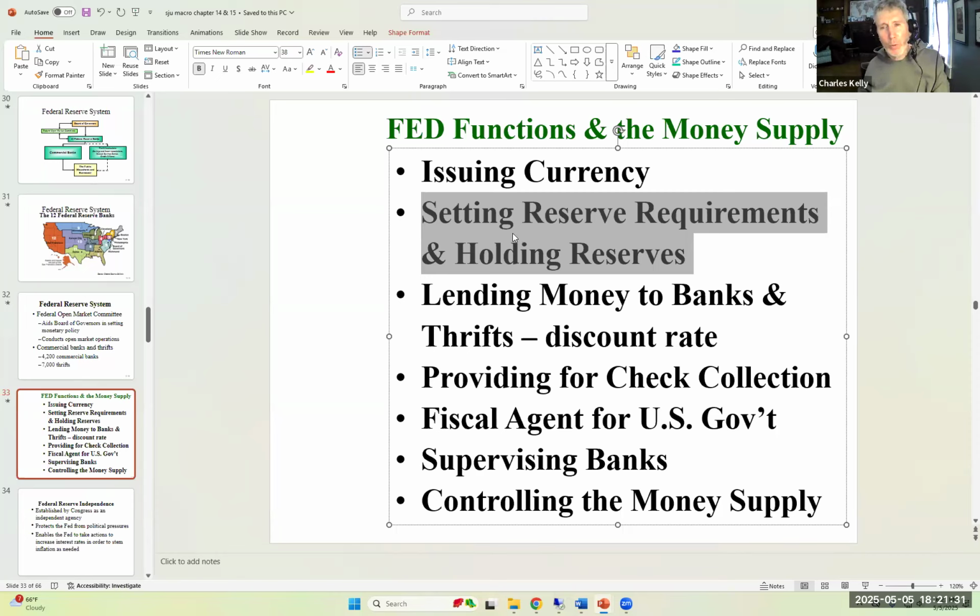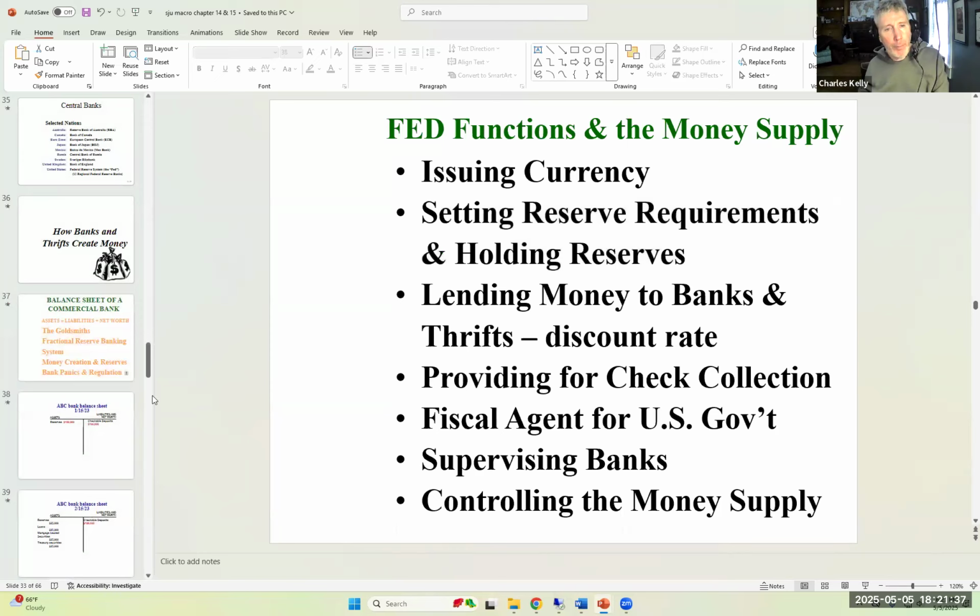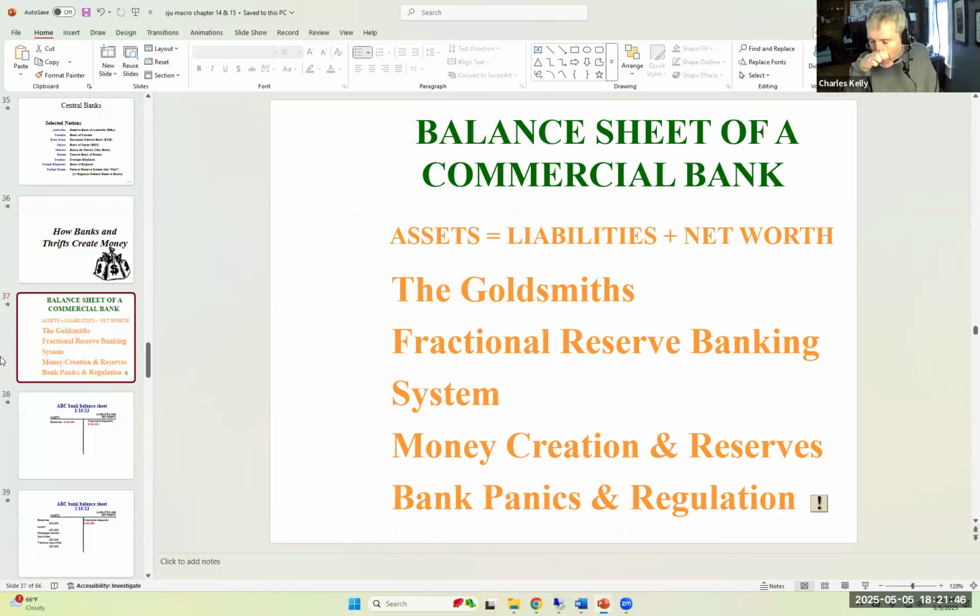There's one multiple choice question. It's the last multiple choice question about this idea. Okay, let's go over this quickly, and then we'll go over the reserve requirement question.